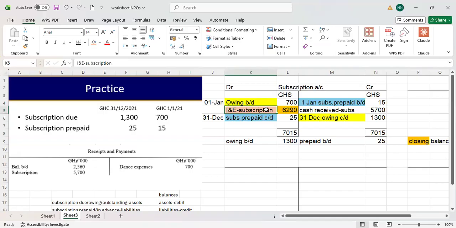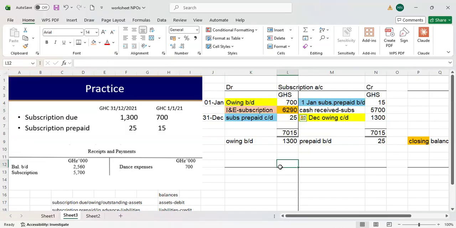Now, what is for 2021 is what we have captured here. This one is for next year, paid in advance. This one is also for next year. So after all the deductions and additions, this is what we are taking to our income and expenditure account.